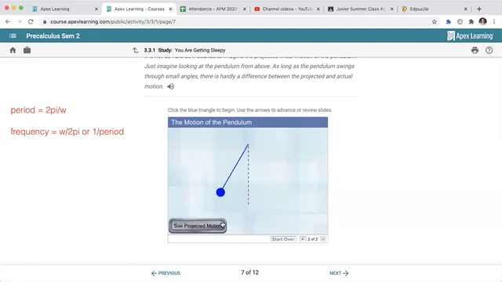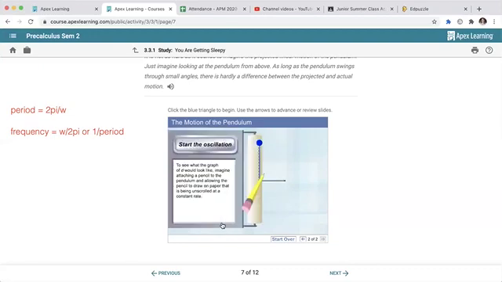If we have this displacement and we look at our oscillation, the motion of our pendulum looks very, very similar.